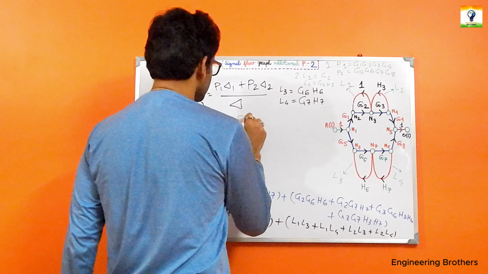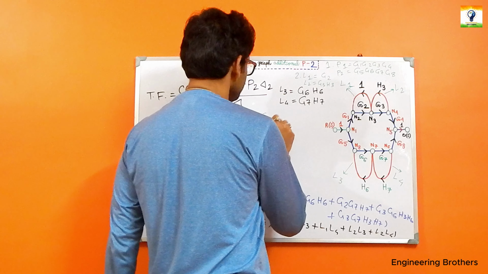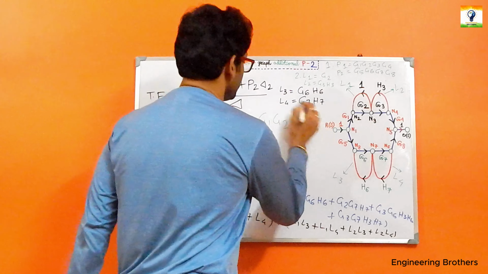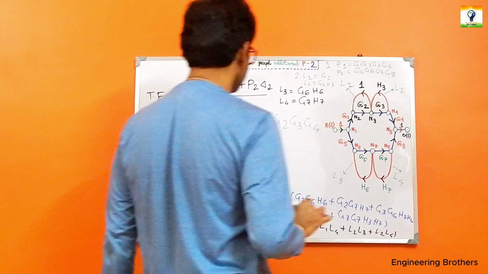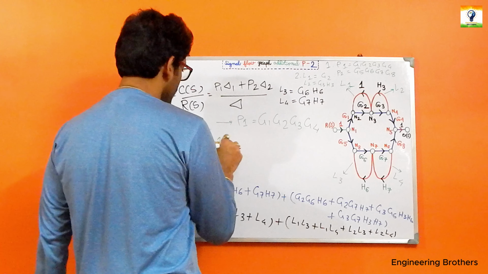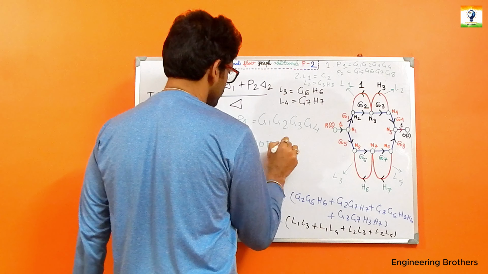Here the forward path is G1, G2, G3, G4. The expression for delta 1 will be, if this forward path is not touching any other loops, 1 minus those non-touching loops.